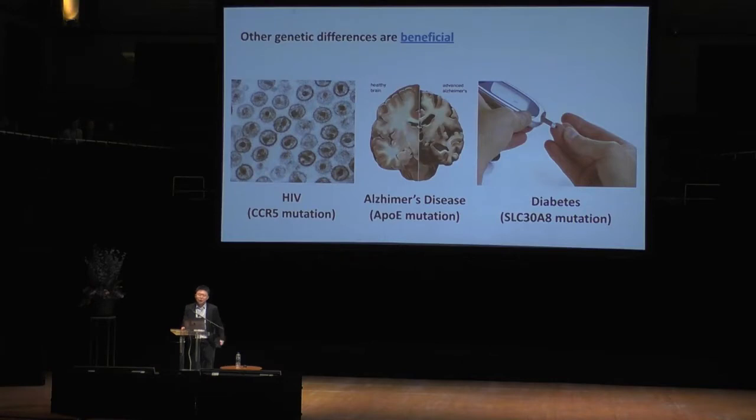In fact, some can even be potentially beneficial. Other ones, including mutations in a gene called CCR5, can confer protection against HIV or decrease the risk for Alzheimer's disease or diabetes, and many others.